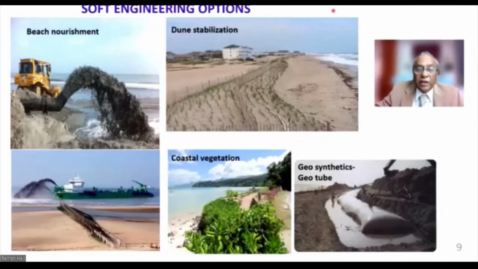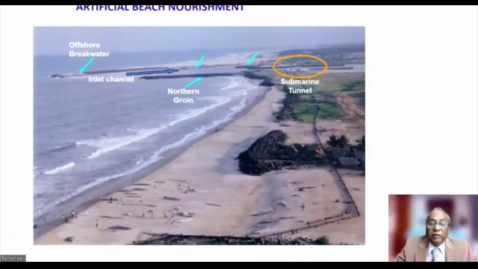The soft engineering options, sand bypassing, beach nourishment, sand dune stabilization, vegetation, and geosynthetic products have been very, very common. And I will try to cover some of these aspects.